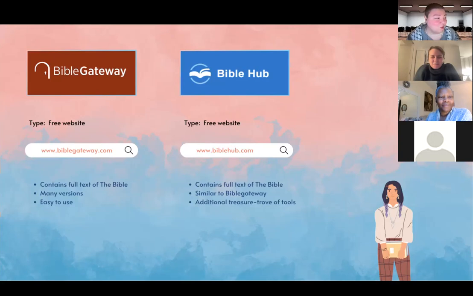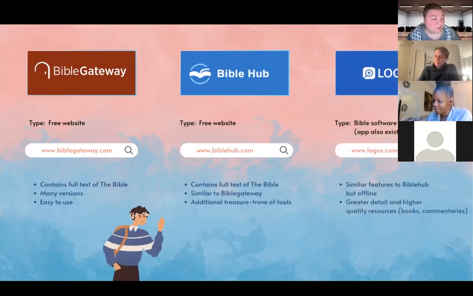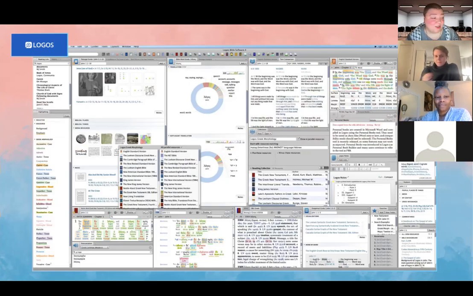Yes, a third tool which you can use if you're interested is a software program called Logos Bible Software. This program functions very similarly to what we saw in Bible Hub, with interlinear text, grammatical breakdowns, commentaries, lexicons, and so on, except it goes into greater detail at times and is also available offline.